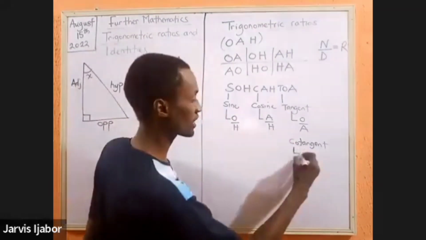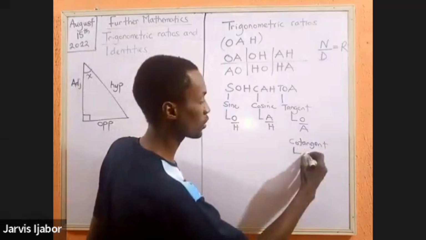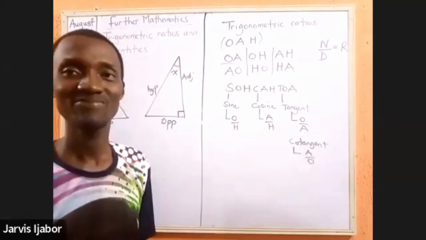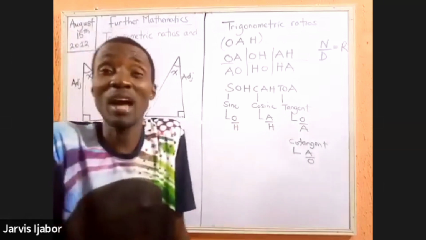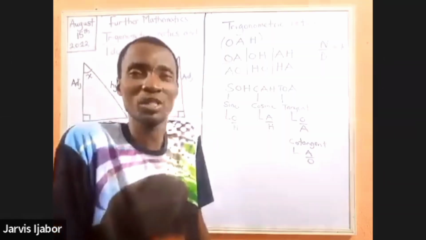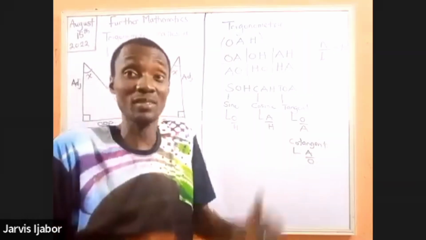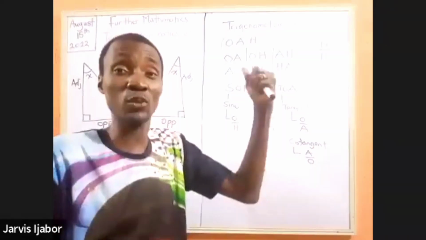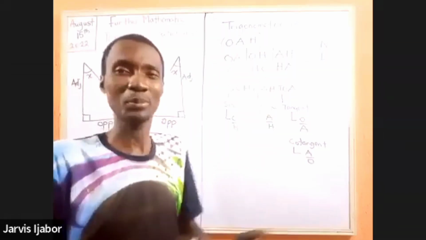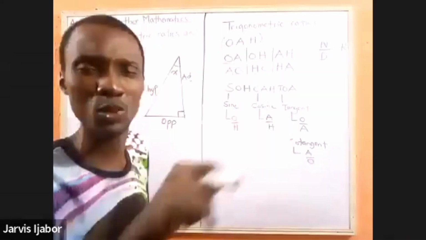I will express cotangent as A over O. I'm handling it as if I've never done trigonometry before, because if you have done permutation, you discover that the number of possible outcomes there would have been 6. But that's an Easter egg for a topic you will see later.